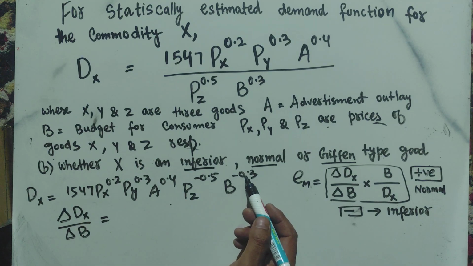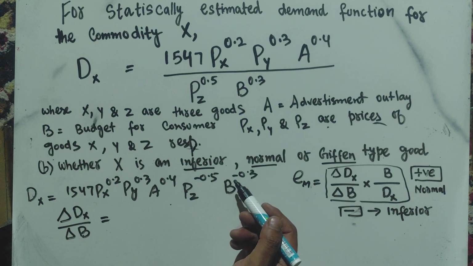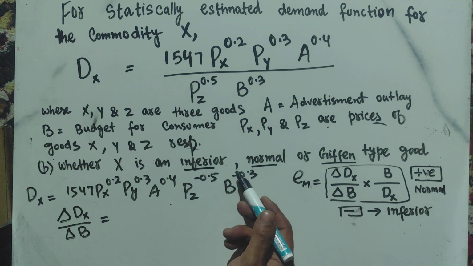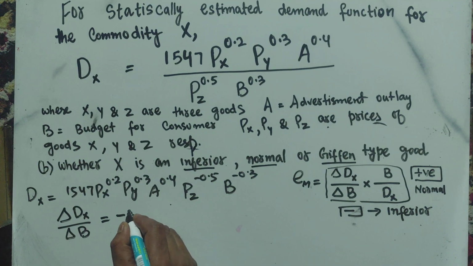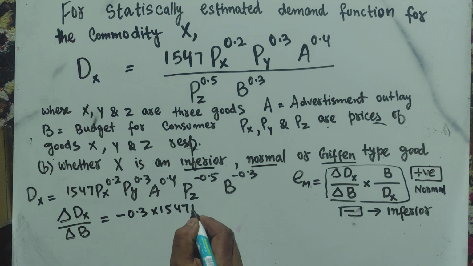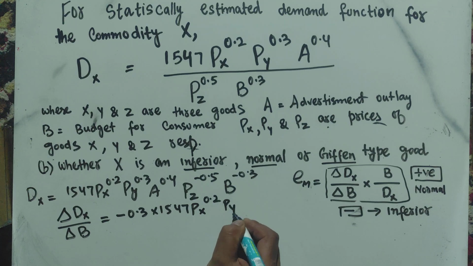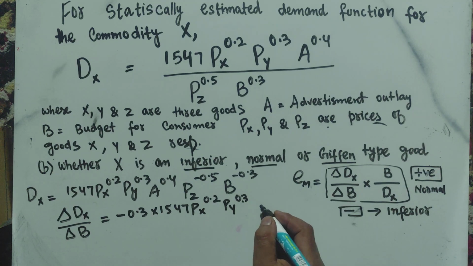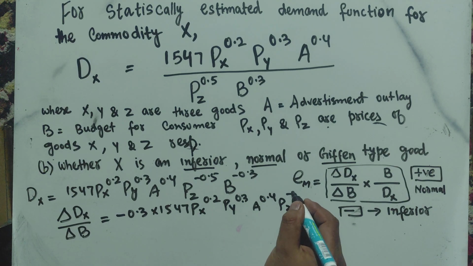How? Using the derivative rule, the exponent becomes the coefficient. So we have negative 0.3 times 1547 Px raised to the power 0.2, Py raised to the power 0.3, A raised to the power 0.4, Pz raised to the power negative 0.5.